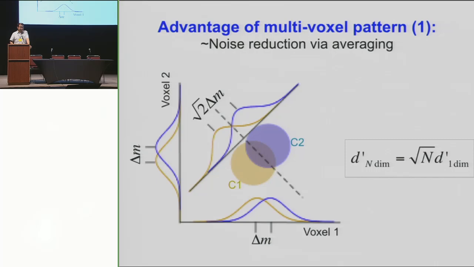But assuming that we have this isotropic distribution for each class, if you draw a line in the two-dimensional space, we can have square root 2 times delta m separation. So just by having many variables with the same signal-to-noise ratio, we can get more separation. We can improve the signal-to-noise ratio.